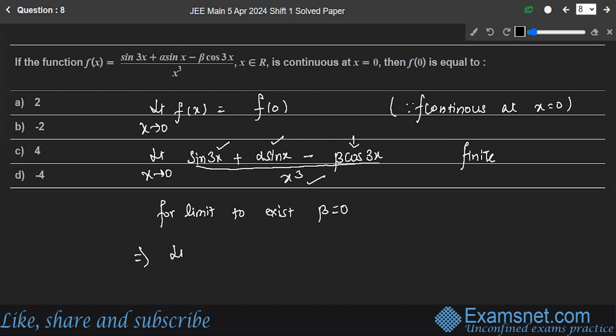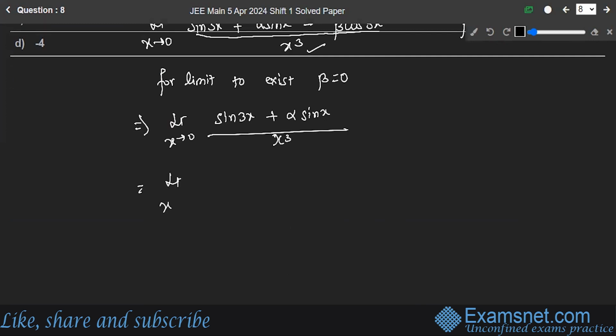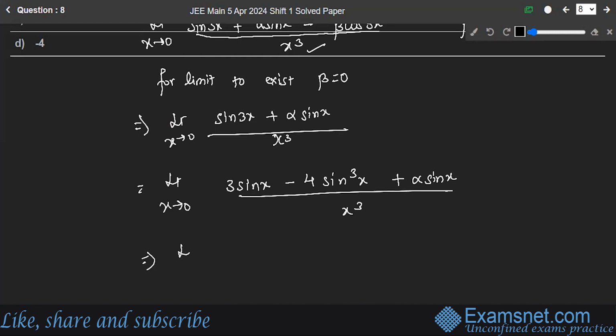So then this limit will be given by limit x approaching 0 of (sine 3x plus alpha sine x) whole thing divided by x cube. Or this is given by limit x approaching 0 of (3 sine x minus 4 sine cube x plus alpha sine x) divided by x cube. Here it is (3 plus alpha) sine x minus 4 sine cube x upon x cube.